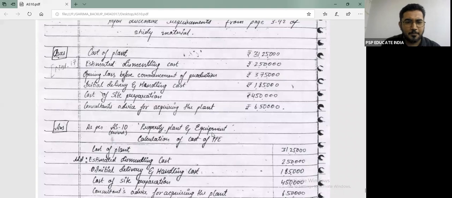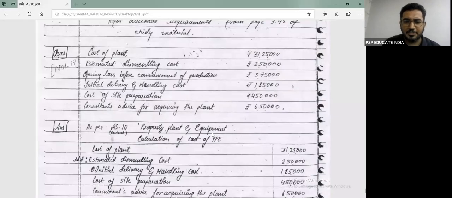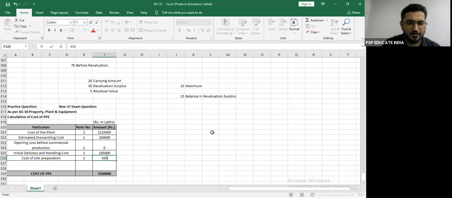Cost of site preparation, that is site restoration cost, cost of site preparation, 4,50,000.